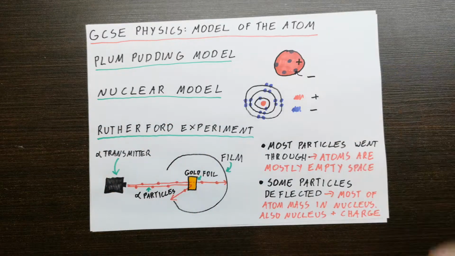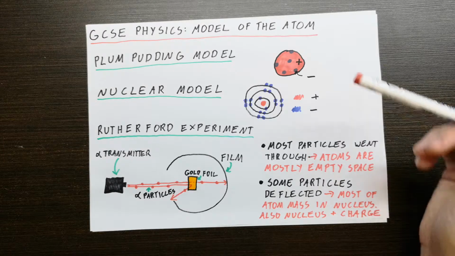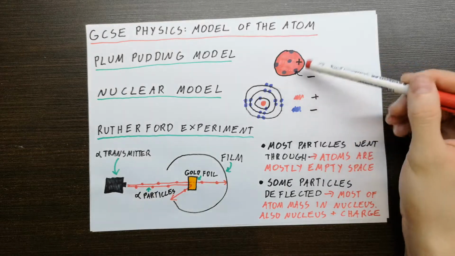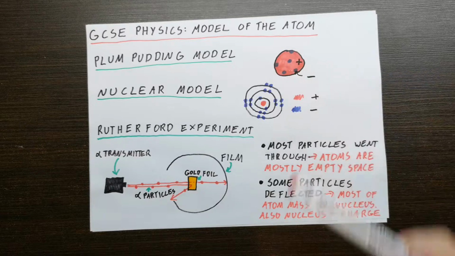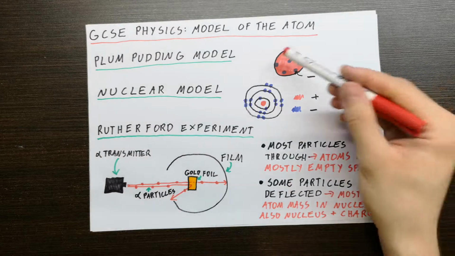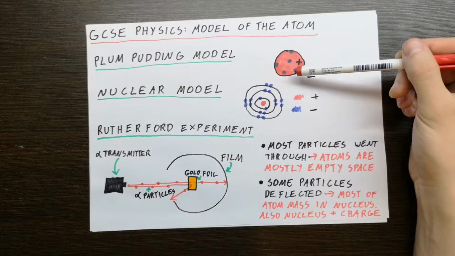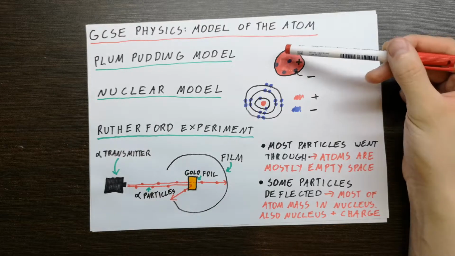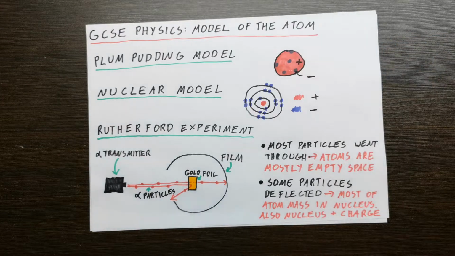The plum pudding model assumed that an atom was a spherical particle consisting of a large, positively charged area, with small concentrated areas of negative charge.